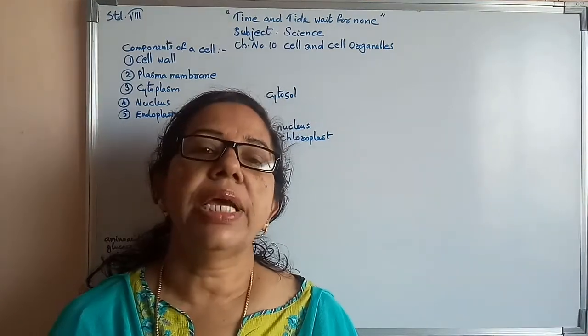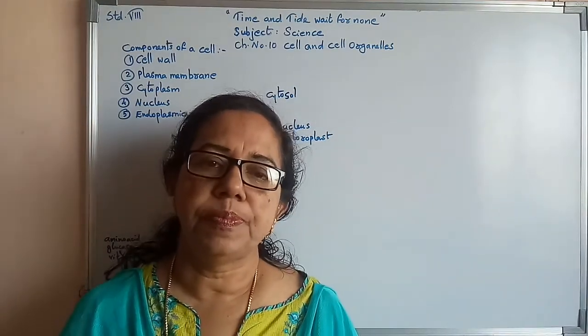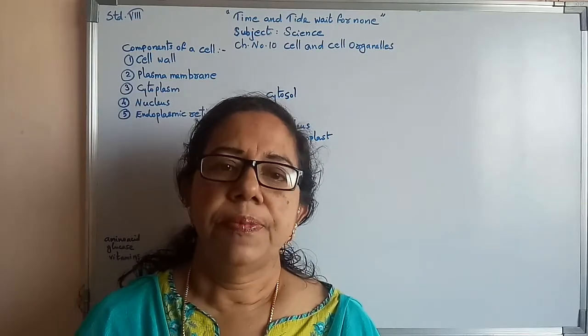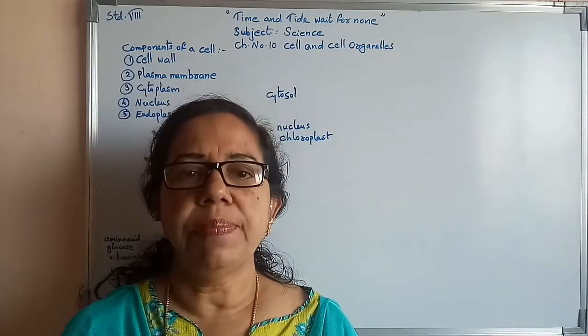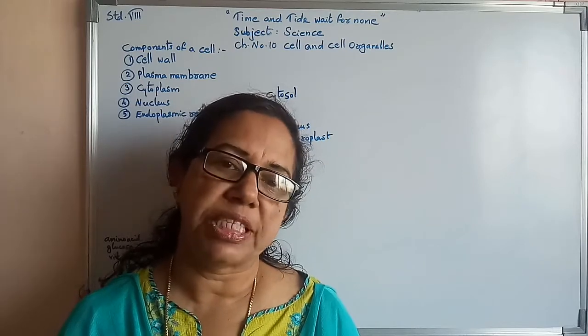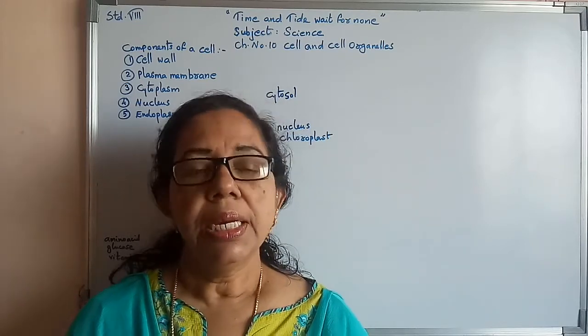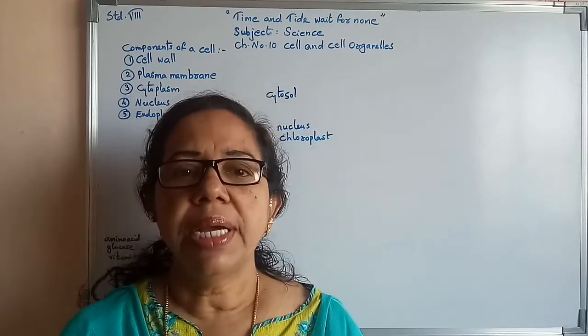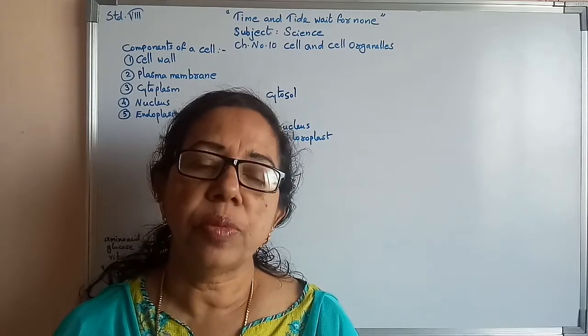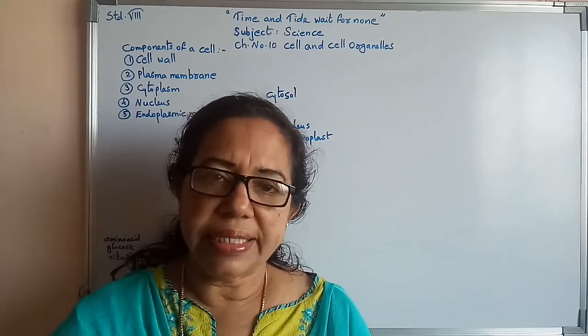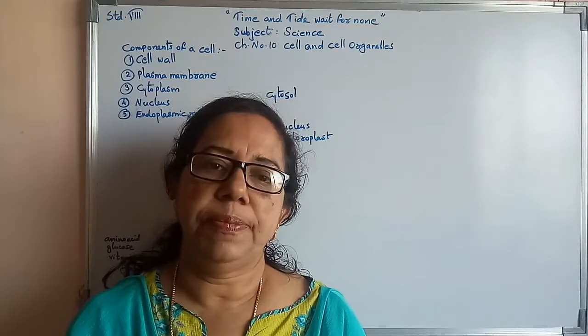There are two types of endoplasmic reticulum. They are rough endoplasmic reticulum and smooth endoplasmic reticulum. Rough endoplasmic reticulum has ribosome grains on its outer surface.